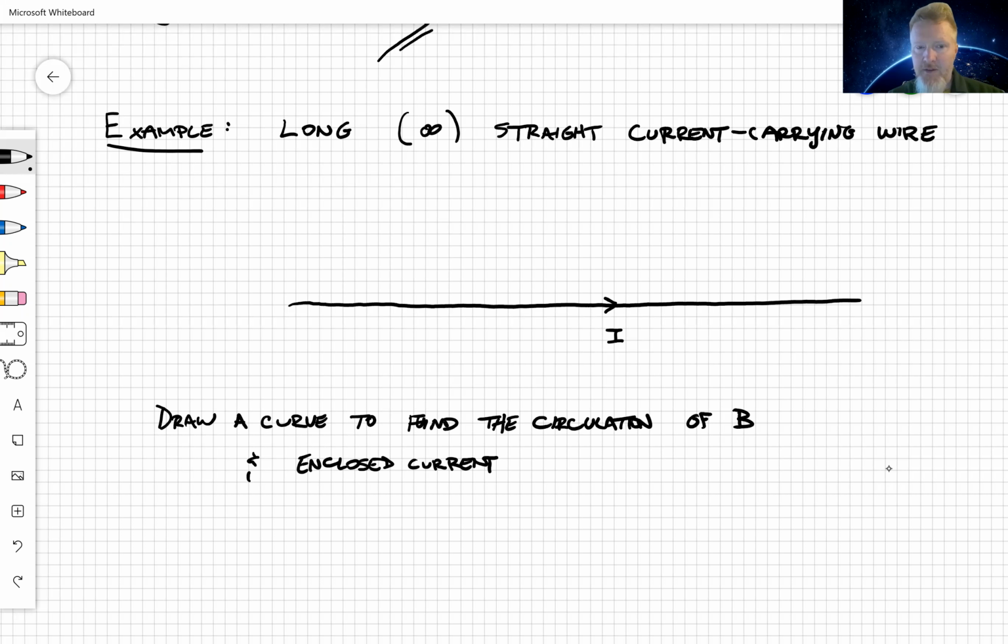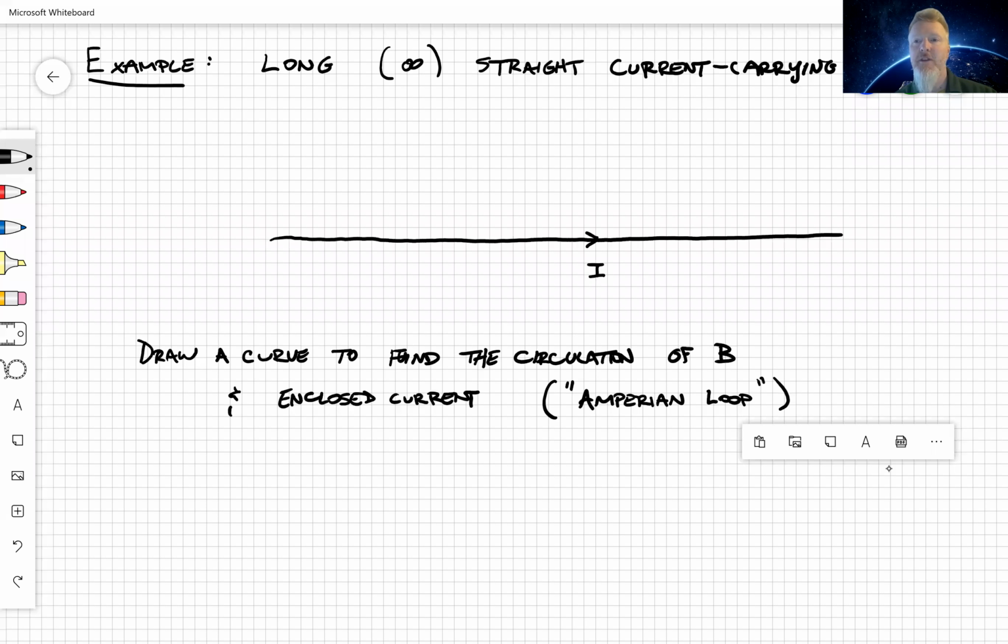This curve that we're going to draw, as I mentioned before, has a name. It's called an Amperian loop. This guy Ampere was an important fellow in electrical stuff, as you can tell. He's got Ampere's law, he's got Amperian loops, he's got the unit ampere named after him.